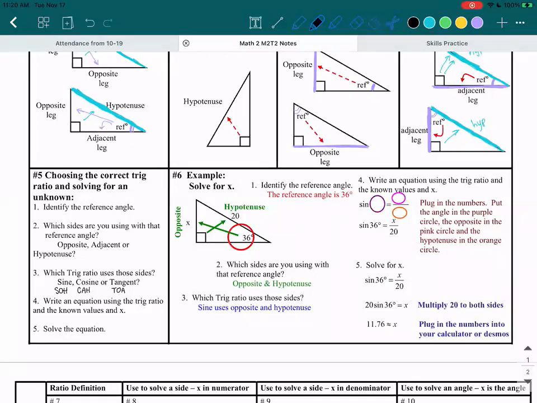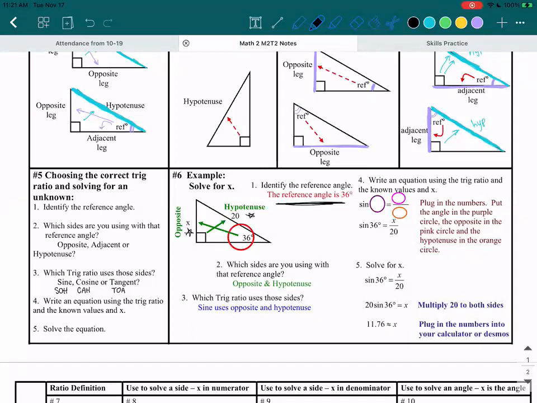If we give you this problem, you first identify the reference angle. Since they gave you 36 degrees, that will be your reference angle, because it is the angle given to you. Next, which sides are you using with that reference angle? Based on that 36 degrees, we are using the opposite side, which is over here with the x, and we are using the hypotenuse.